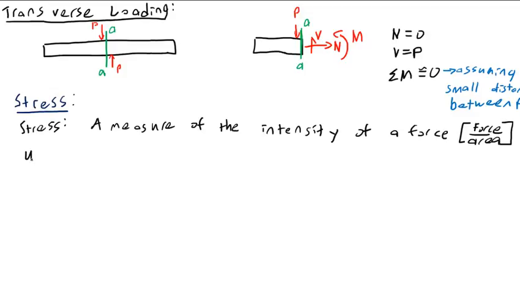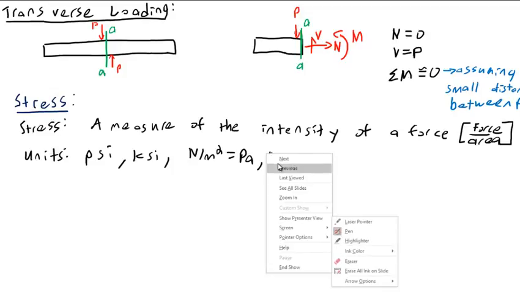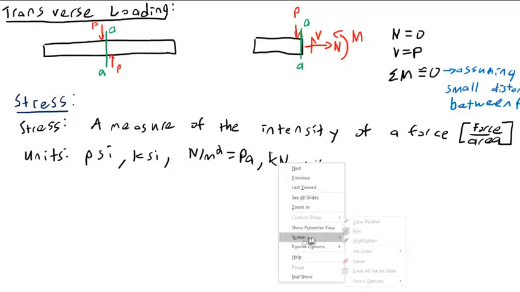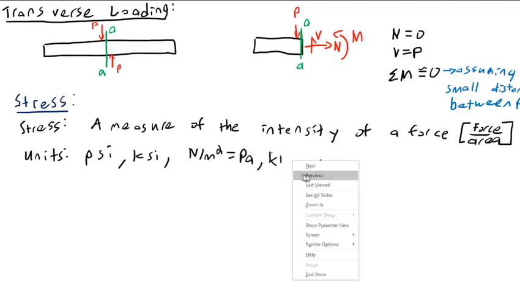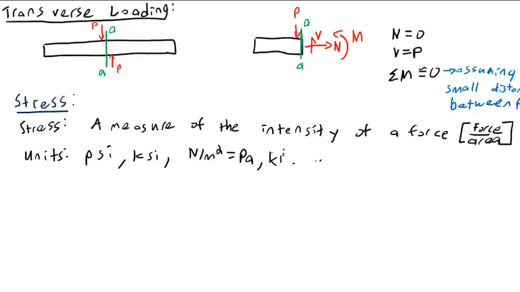The units are PSI, KSI, newtons per meter squared, any sort of thing that's a force over an area or derivative of force over area. Kilonewtons, meganewtons, or megapascals, etc. That should be kilopascals. So in other words, it has the same units as pressure. Kilopascals, etc.